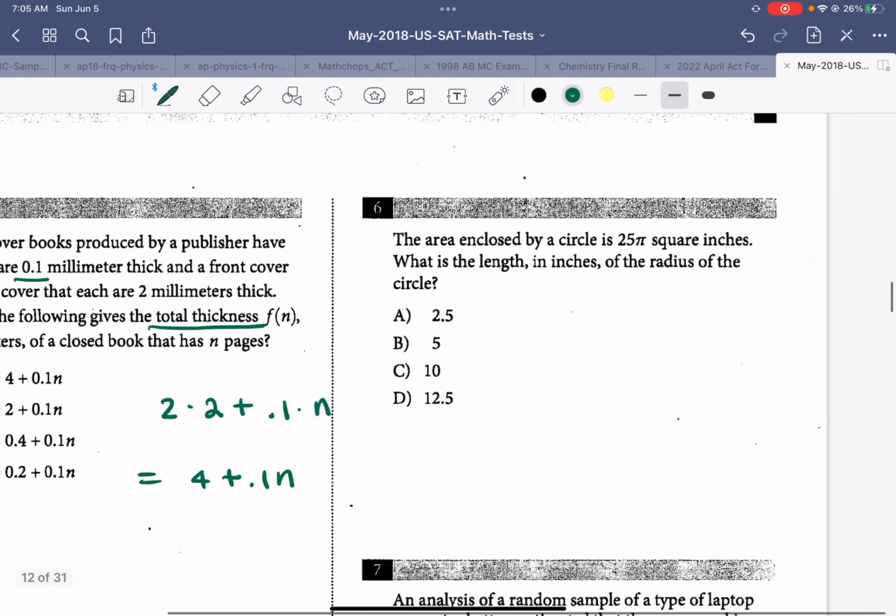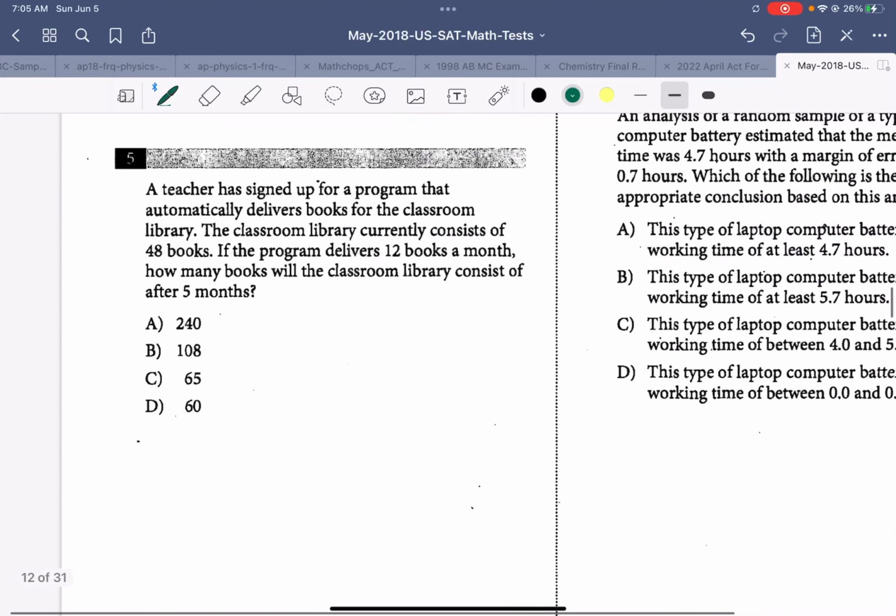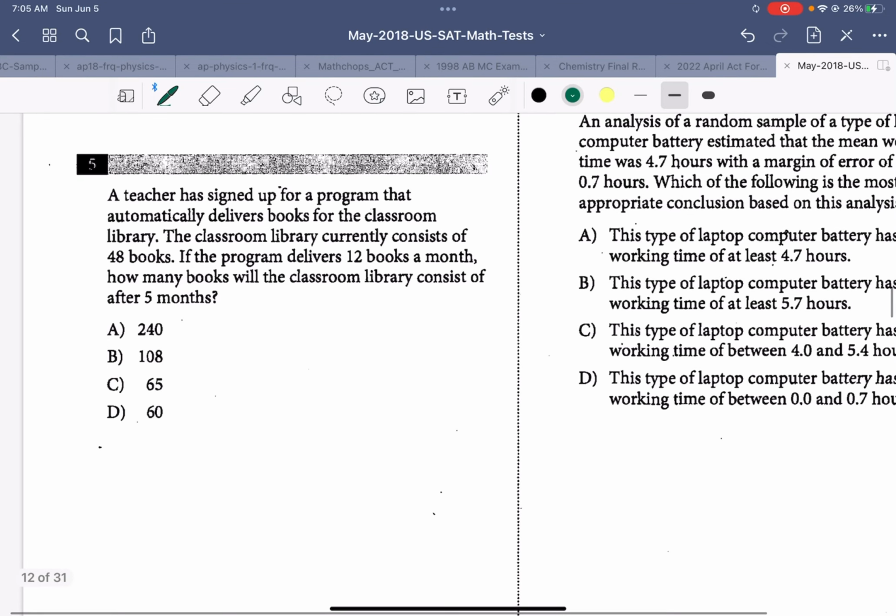Now let's move on to number 5. A teacher has signed up for a program that automatically delivers books for the classroom library. The classroom library currently consists of 48 books. If the program delivers 12 books a month, how many books will the classroom library consist of after 5 months?